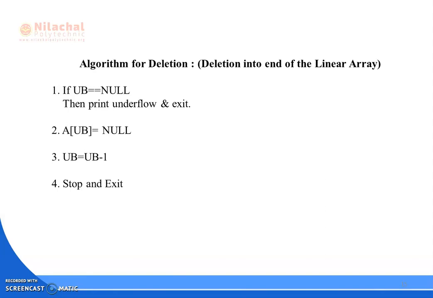Next, the upper bound position was decremented by 1, or the upper bound was shifted to the previous element, that is, it was shifted to 2. Now our work is done. Deletion at the end of the linear array is completed. So finally we will stop and exit. This is the fourth step. So this was the algorithm for deletion at the end of the linear array.